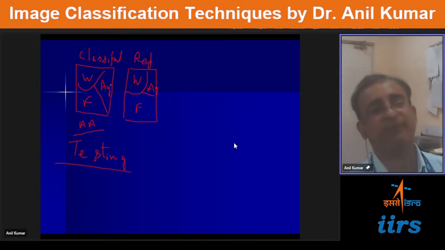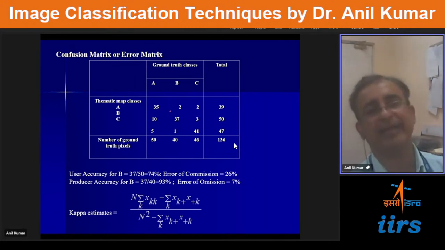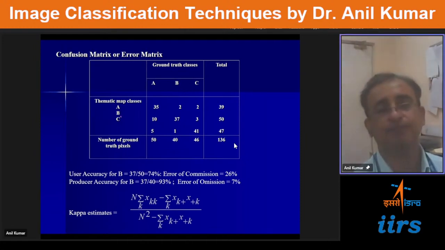How it works: we have to take testing samples. If I take the first sample, in the classified map this is water, and in the reference also this is water. So I can create a matrix of 3 by 3, if there are 3 classes, with 3 columns and 3 rows.